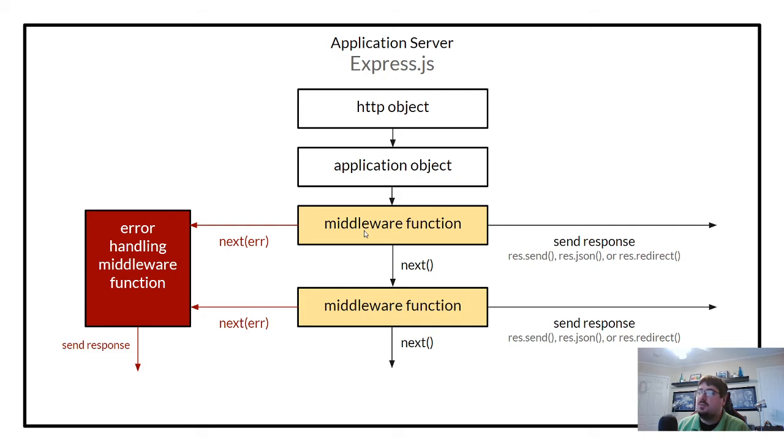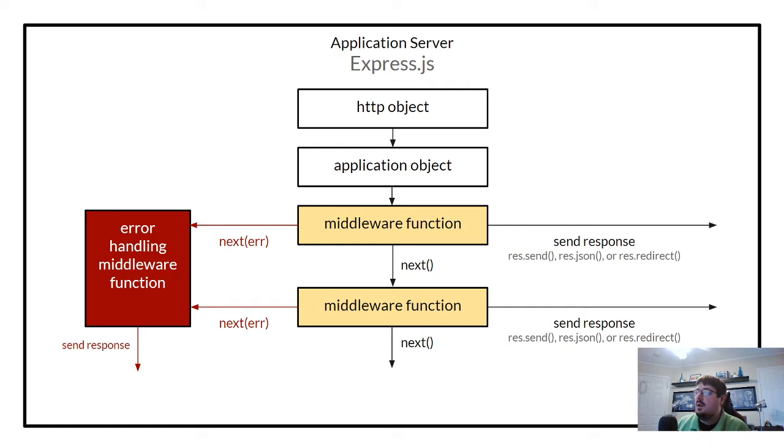So it may run whatever logic it wants to, and then when it's finally done, it's ready for the next thing to occur. You just call next with no parameters. Next with no parameters will pass it on to the next middleware function.